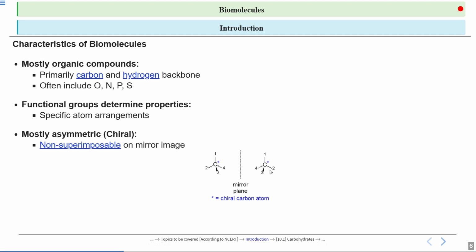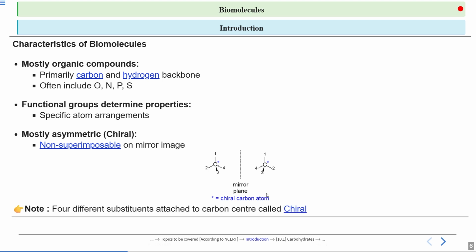Suppose I take this particular compound and put it on this one, they will be non-superimposable on mirror images. So I can say a carbon which is attached to four different substituents is called a chiral carbon, very much similar to this carbon in which all four substituents are different.